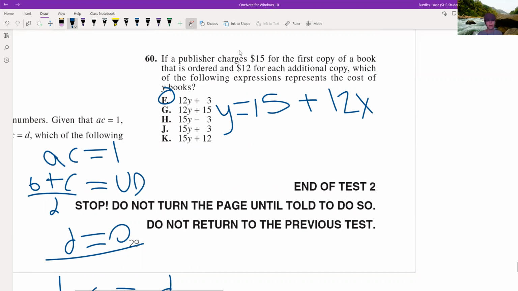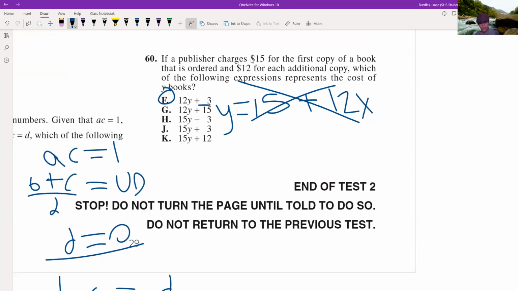Because it's not 3. You add 3 to 12 to get to 15. So it's plus 3 for the first copy. This makes sense. Okay, here's this one.